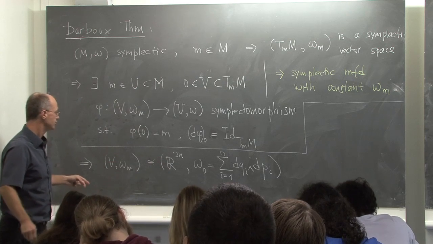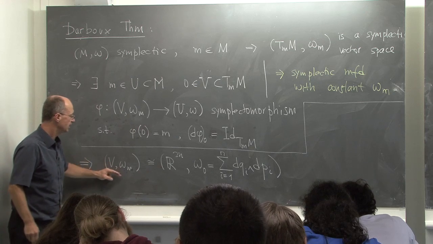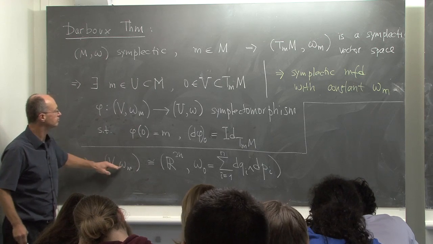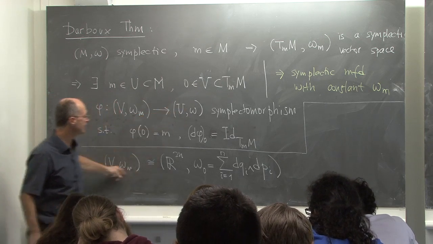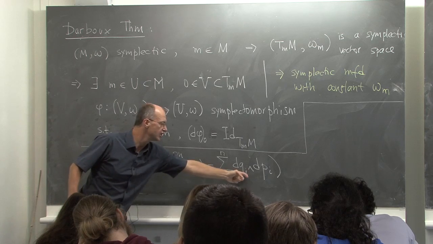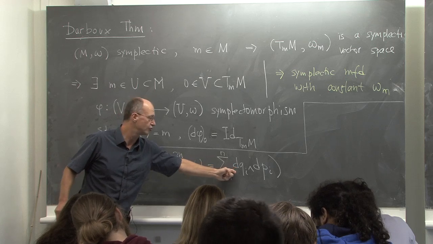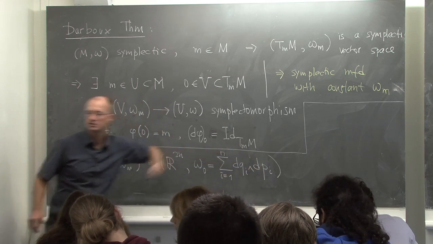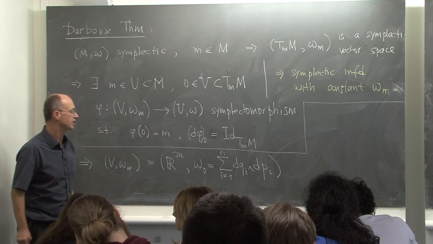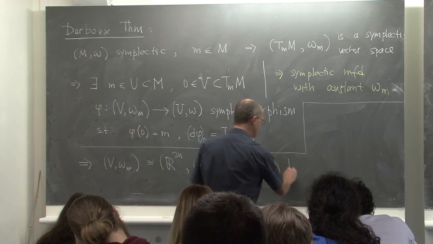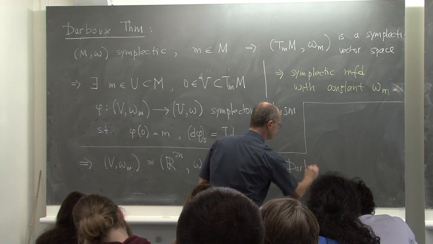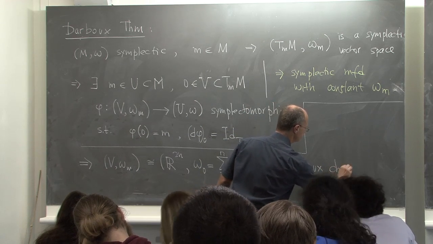So in fact, this chart with this constant symplectic structure omega m, we can think of as just the standard chart with the standard form, the sum of dqi wedge dpi. Such charts are called Darboux charts.